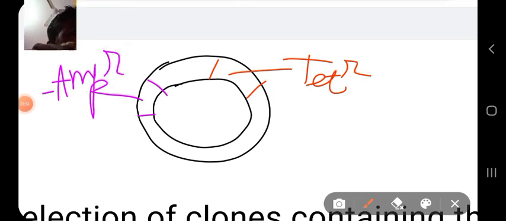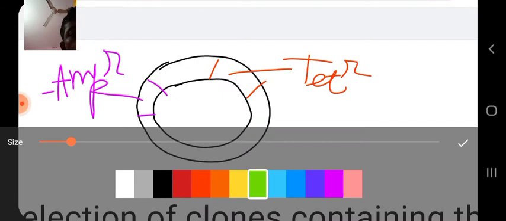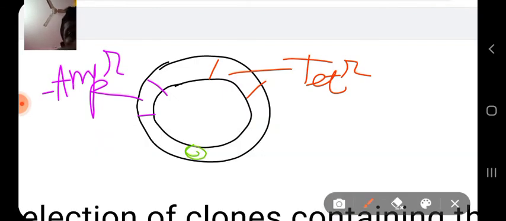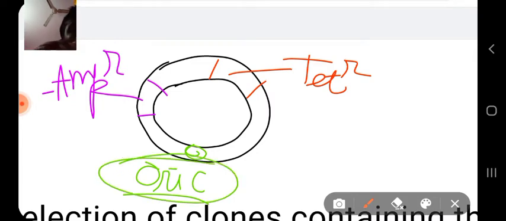It also has an origin of replication. Obviously it is needed, because otherwise how will DNA replication occur in the plasmid?